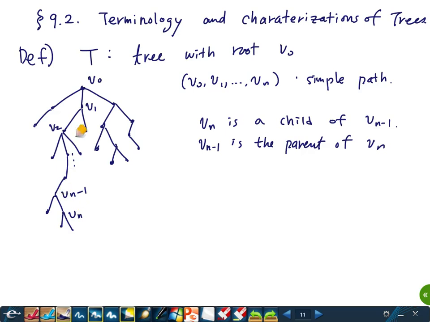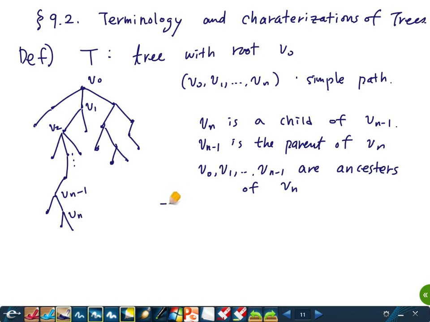And these things that are above, V0, V1, ..., Vn minus 1, these are called ancestors of Vn. So parent is also an ancestor. Parents, etc. These are all ancestors.